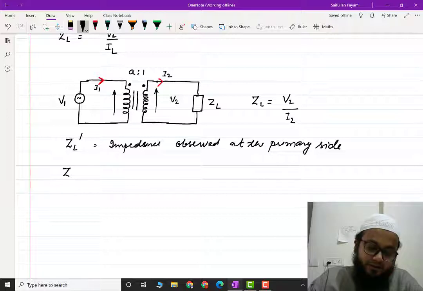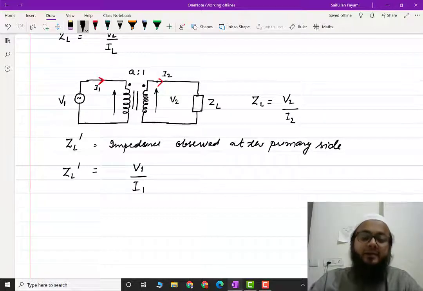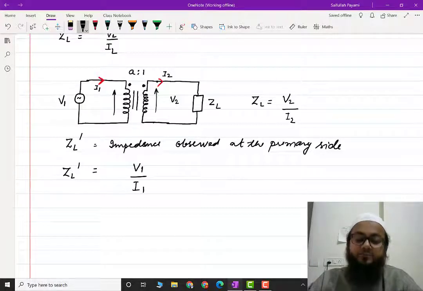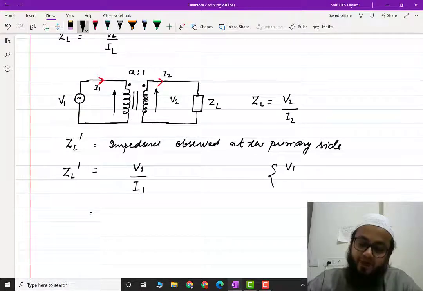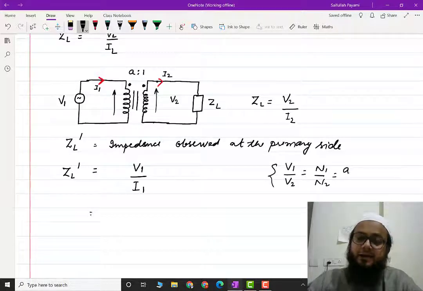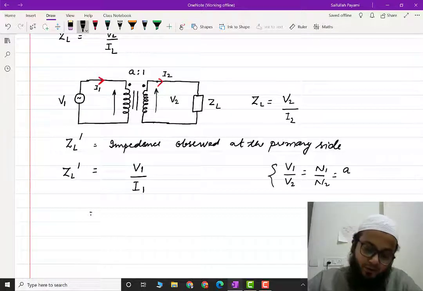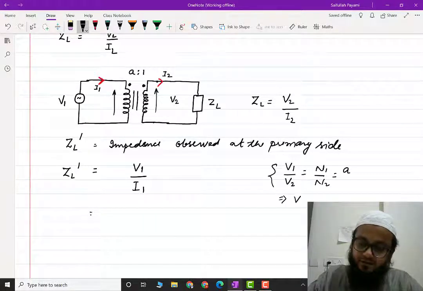This ZL dash can be given as V1 by I1, right? Because there is some voltage there and there is some current. So V1 divided by I1 will give me the impedance observed at the primary side. But we know that V1 by V2 is N1 by N2, which I have defined as A. So this implies that V1 is A times V2.